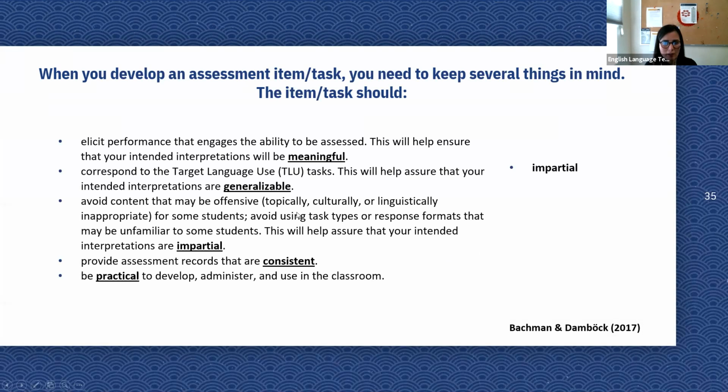All right, so we have here, and this comes from Bachman and Dambach. If you remember that diagram that I showed you in the beginning with the links for assessment use, everything stems from your assessment task, right? The interpretations that you make, the decisions that you make, and the consequences all stem from your assessment tasks.